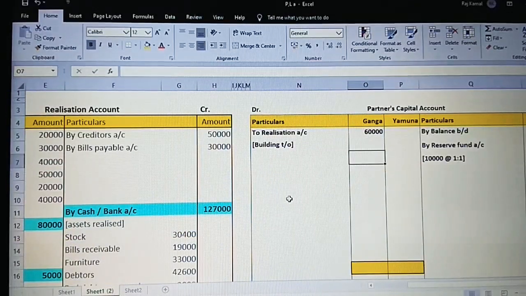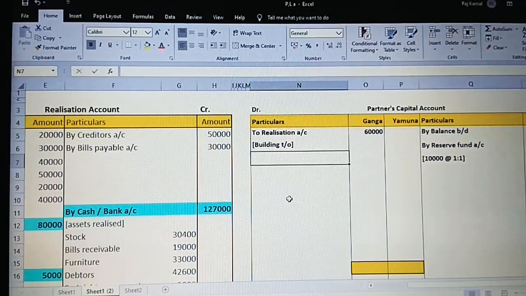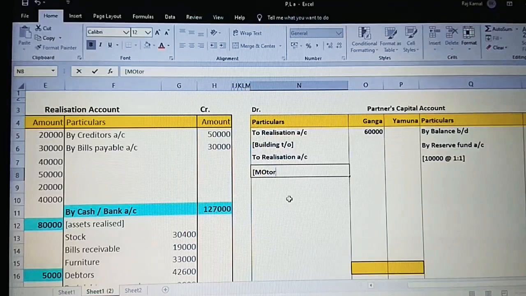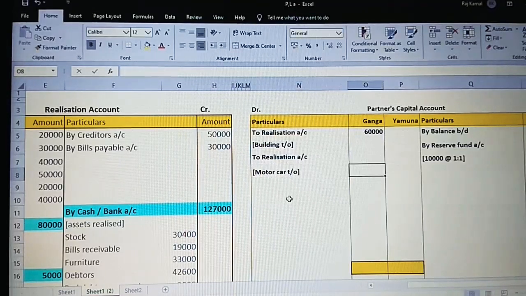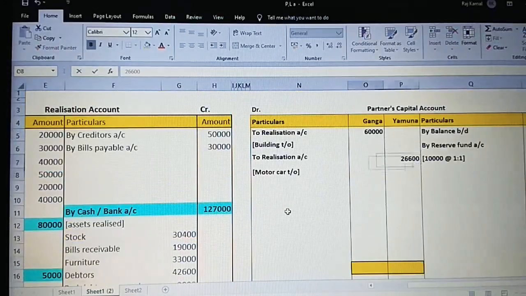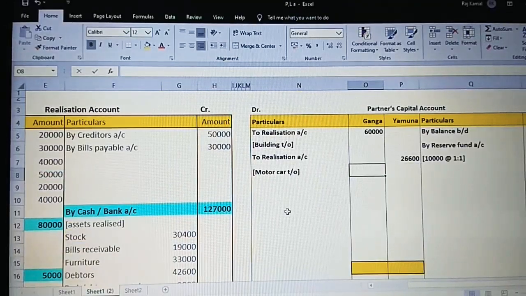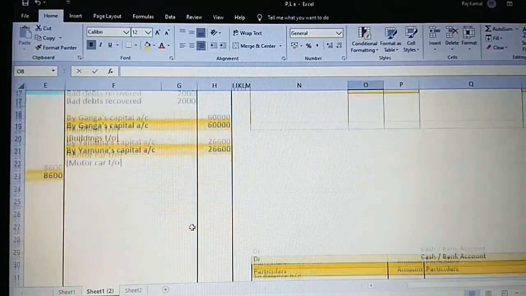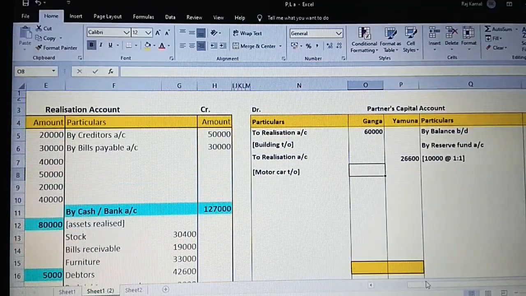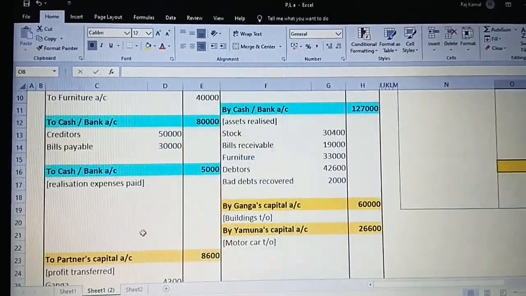Next, to realization account, motor car taken over by Yamuna. So what is the price of that? 26,600. Then we are going to move on to the debit side now and find out.